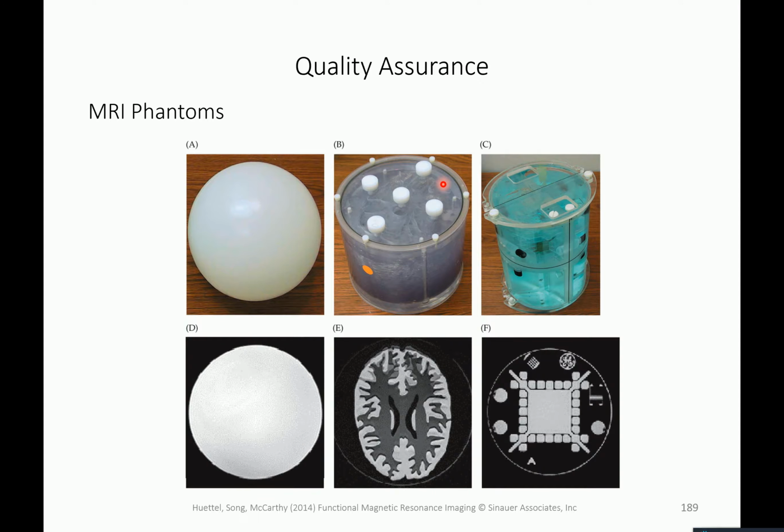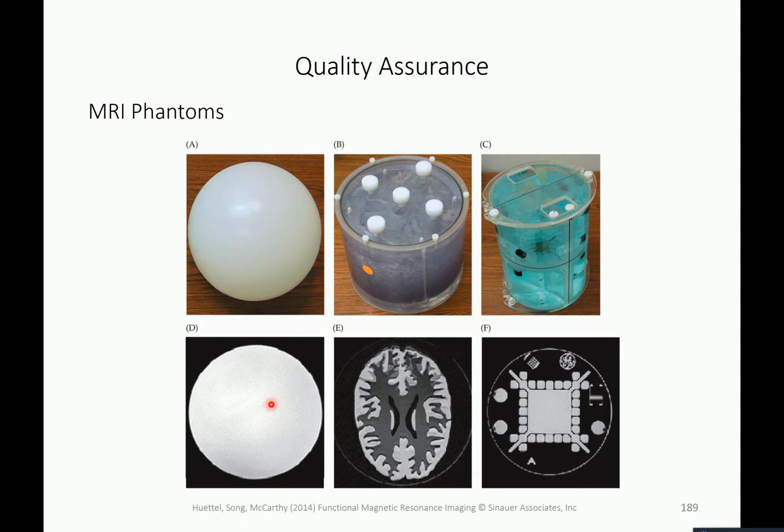There are more advanced phantoms. This is here kind of a pseudo-brain phantom. I don't think we have something like that at the CCNB. These phantoms are a little bit more around, so they have some geometric shapes that you can image and then check whether these geometric shapes are also fine.